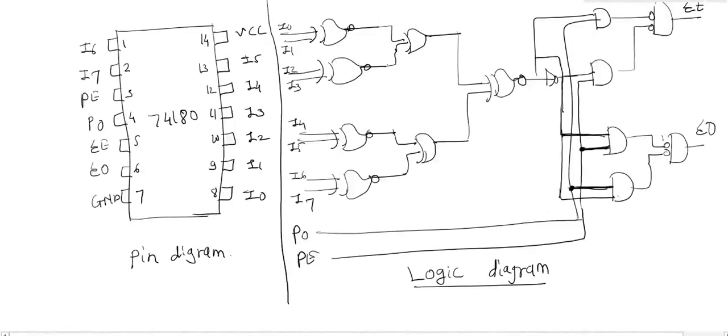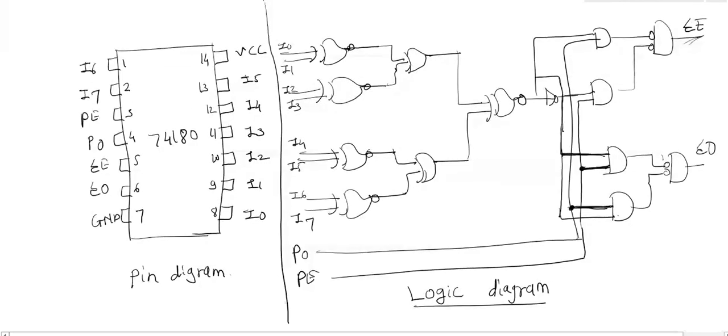In the diagram we have seen that the inputs are I0 to I7, parity even and parity odd. These are the inputs we are giving to the 74180. When these inputs are given, the outputs generated are summation of E and summation of O. These are the two outputs generated by the 74180.